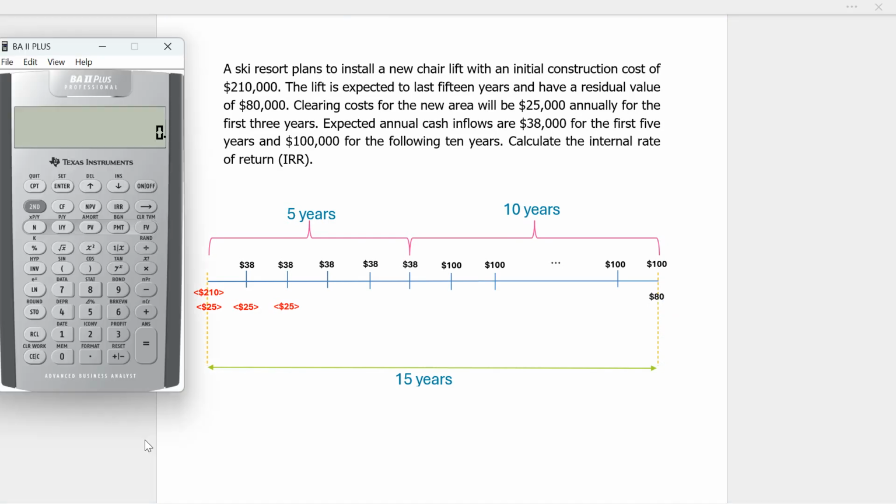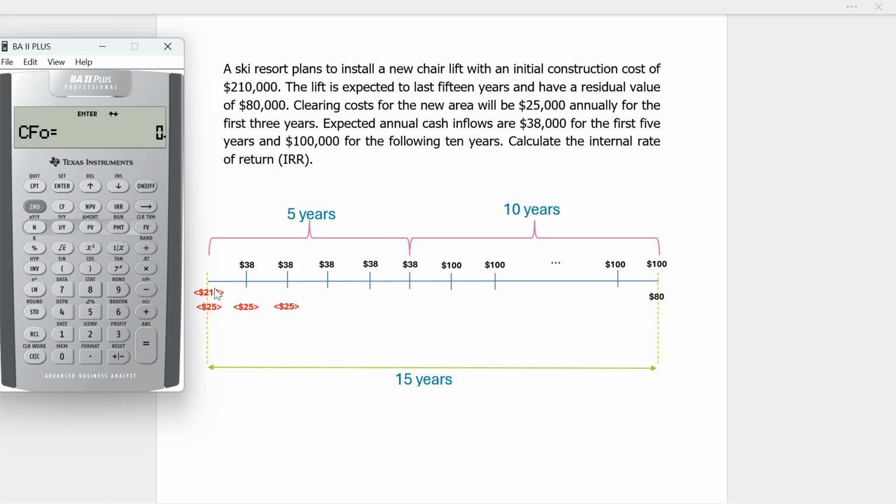Now to find the rate of return for this project, I am going to use the IRR function in the Texas Instruments BA II Plus financial calculator. First, I hit CF, and the calculator shows CF0. CF0 is the initial cost of the project.